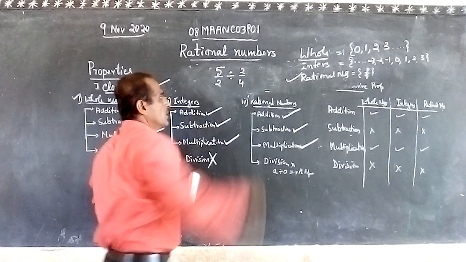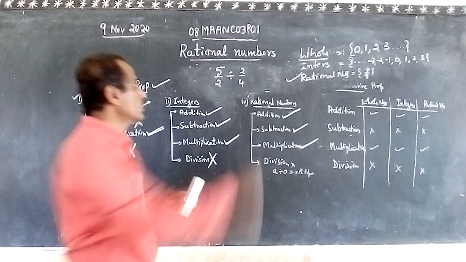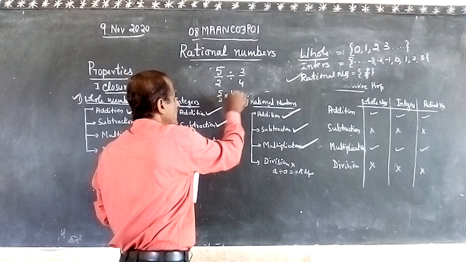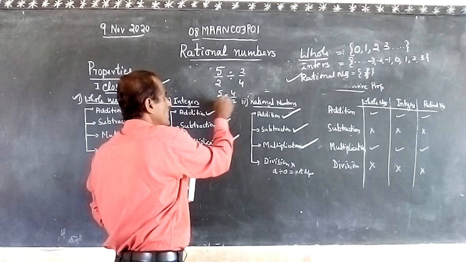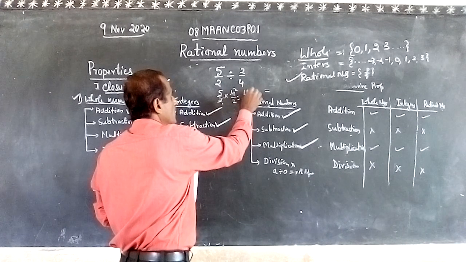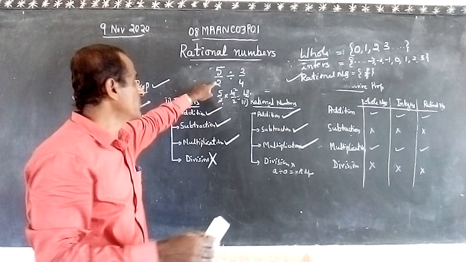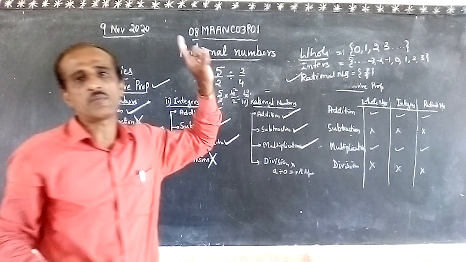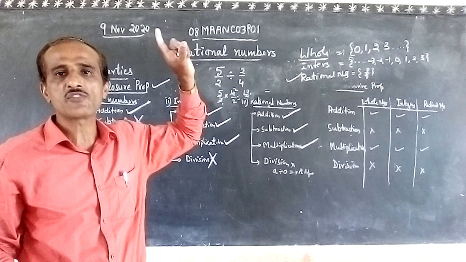It becomes 5 by 2 into 4 by 2. 2 ones are 2, 2 twos are 4. So the answer is 10 by 2. Here 5 by 2 is a rational number, 2 by 4 is a rational number, and 10 by 2 is also a rational number.